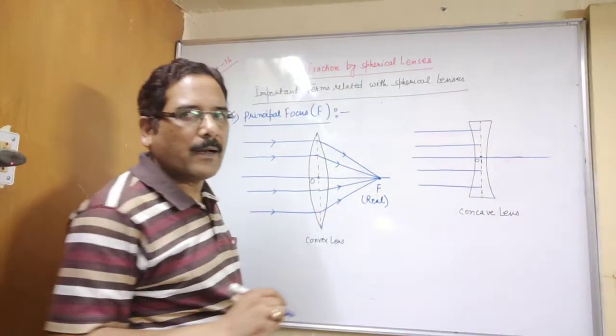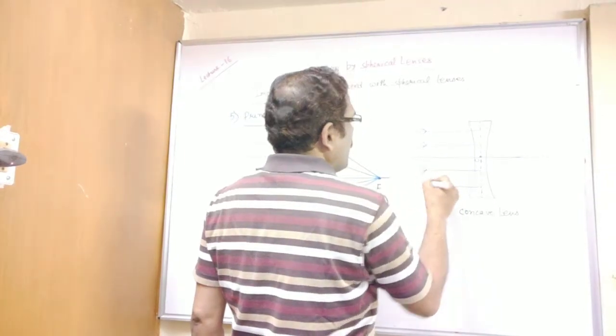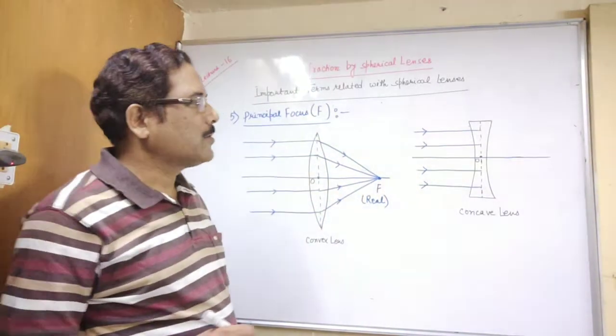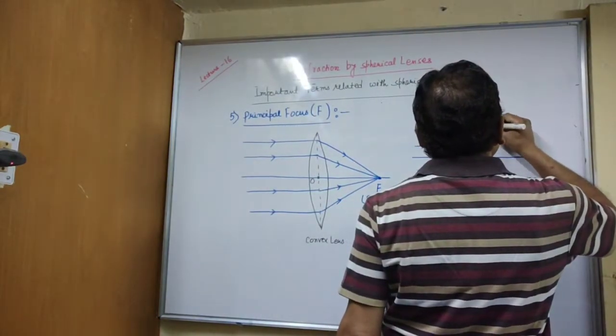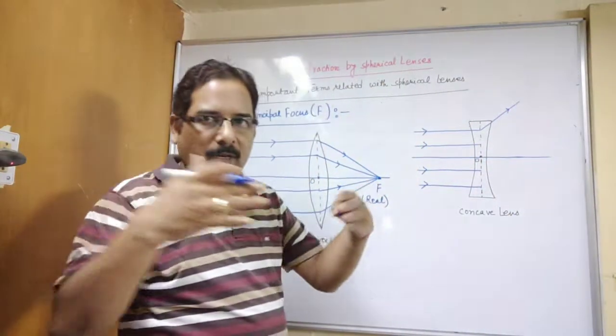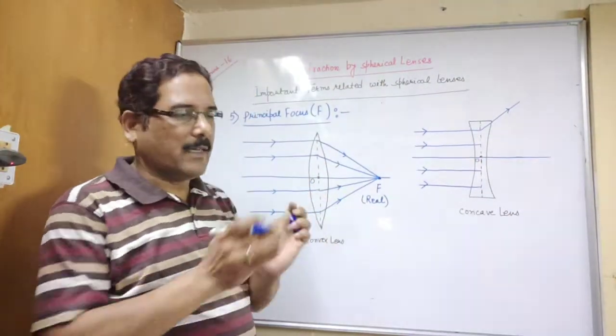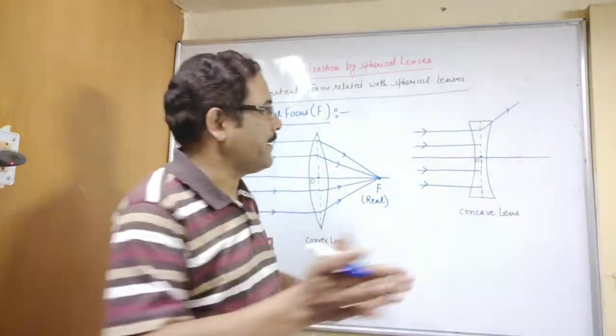So suppose parallel rays of light are falling on a concave lens. So this lens will diverge the rays of light. It will not converge as in the case of a convex lens. It diverges the parallel rays of light.